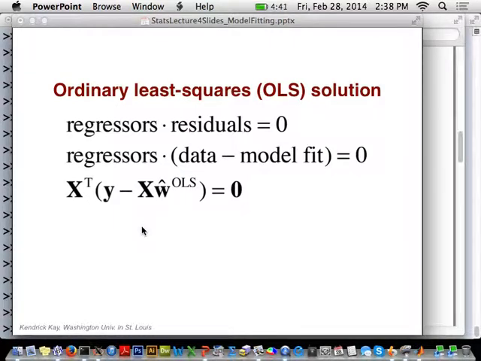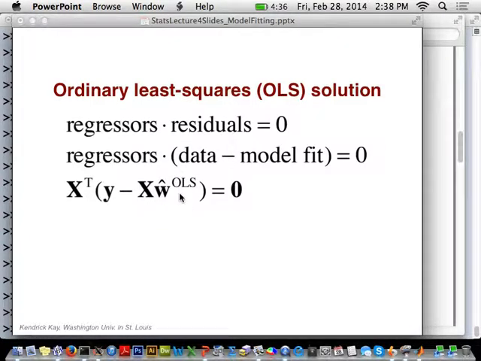I'll leave it to you to walk through and make sure this makes sense. Briefly, the regressors are contained in the X matrix, and we want to compute the dot product of each regressor with the residuals of the model. The residuals are just the data, which we already know, it's Y, minus the model fit, which is just the weighted sum of the regressors, so regressors times the weights.